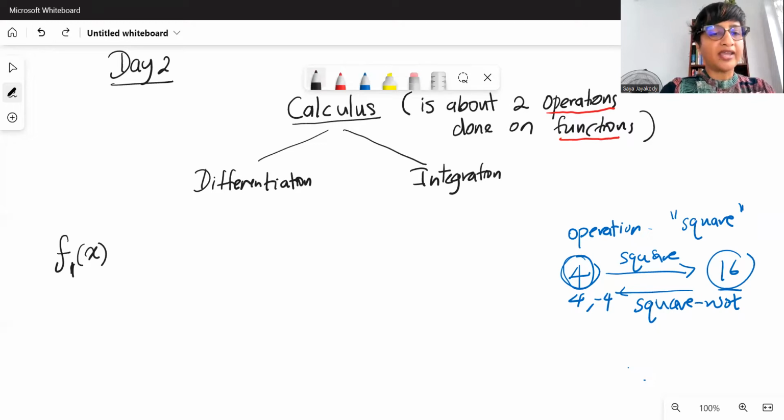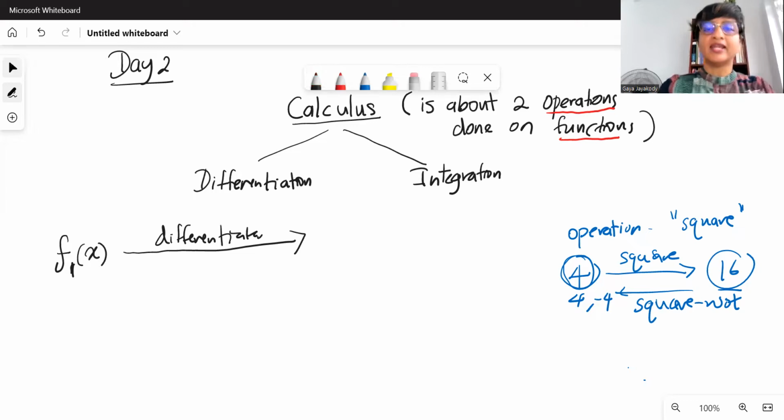Now I can differentiate this function. Then I get another function. I'll call it f2 of x.